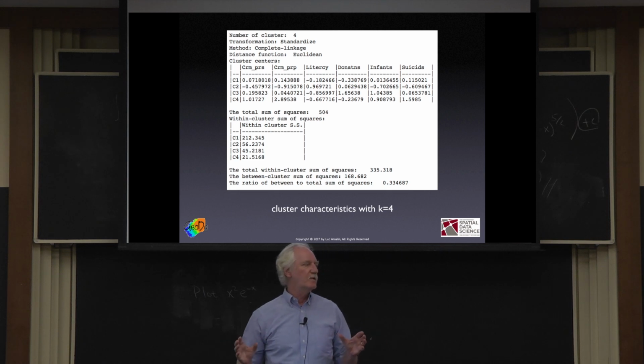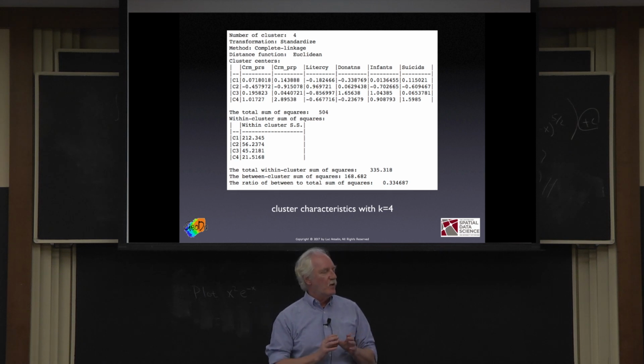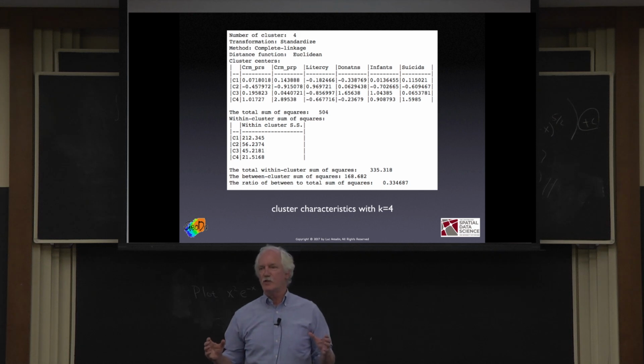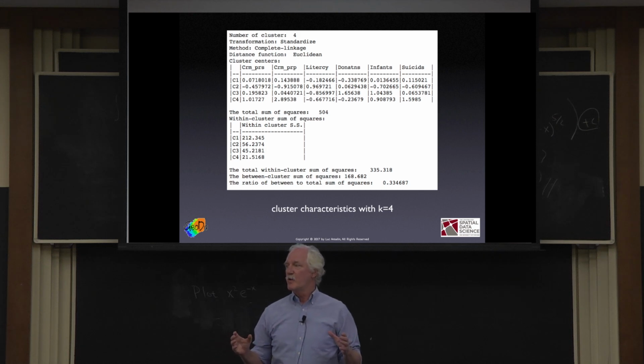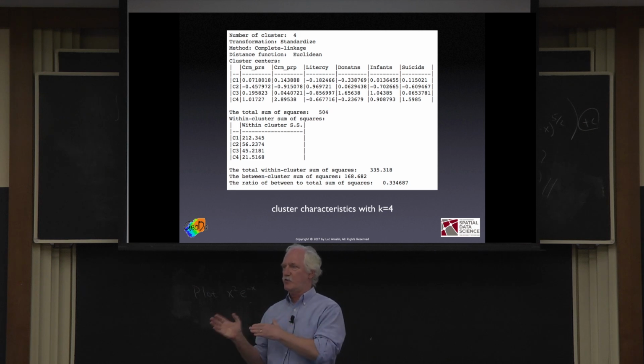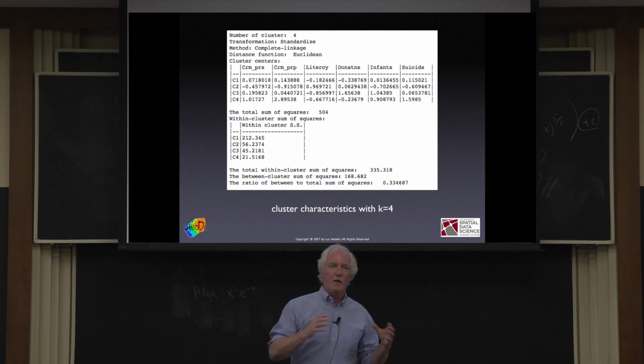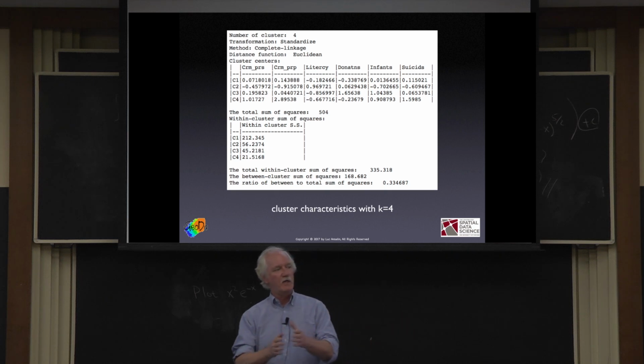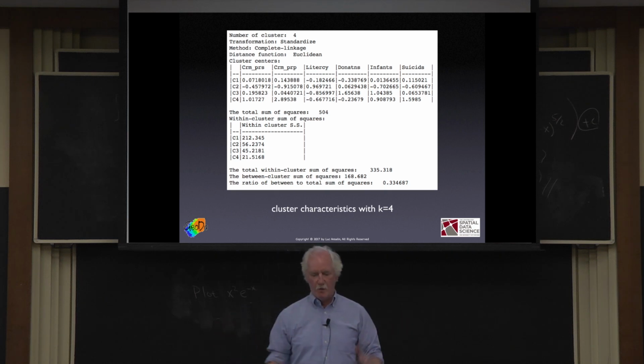So to some extent, to maximize the between cluster dissimilarity, you end up with each observation being its own cluster, which is the one extreme, right? But of course we don't want that. We want to group them, and then the key challenge will be to figure out where do we stop. You know, we go from 4 to 5 to 6 to 7 to 8, but where do we stop?